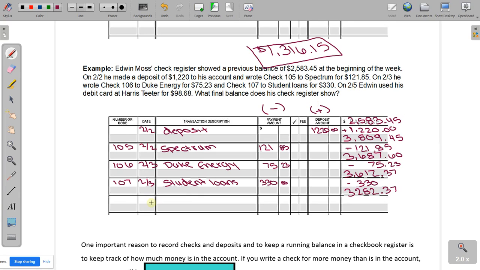And on 2/5, he used his debit card at Harris Teeter for $98.68. We're subtracting out $98.68.